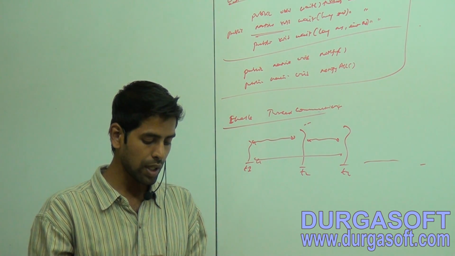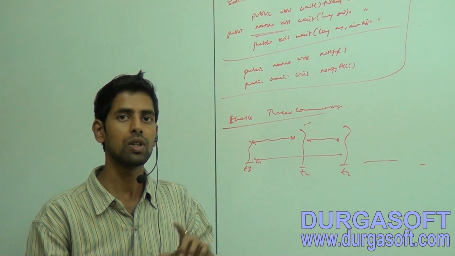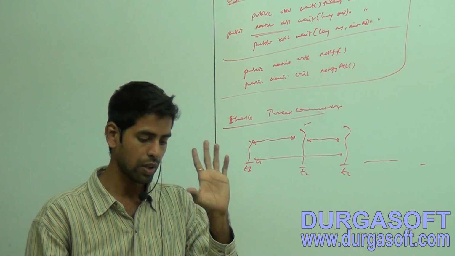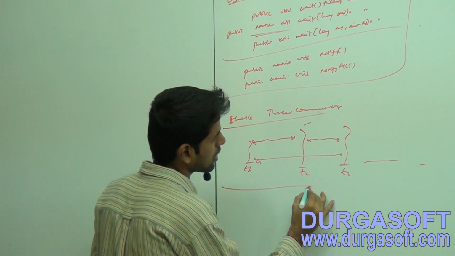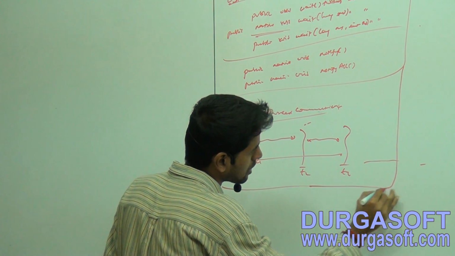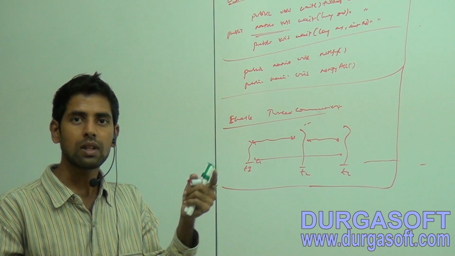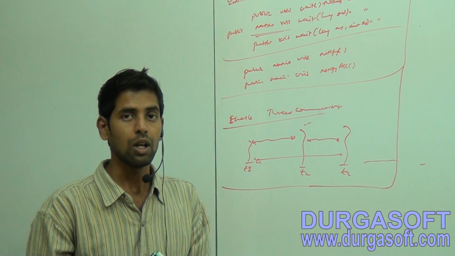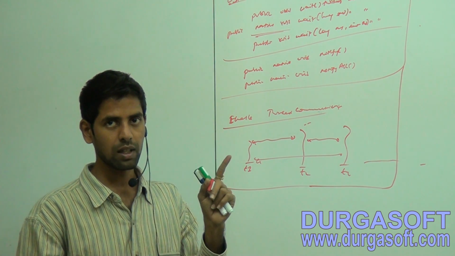And one important thing before we understand this example. Observe here: if a method is declared as synchronized, can a thread execute that method without acquiring the lock of that object?